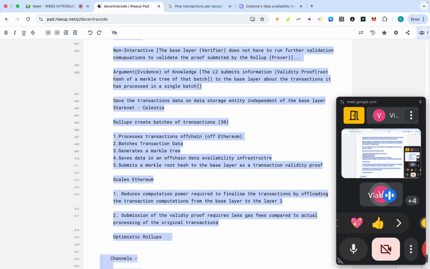constitutes a particular amount of gas fees for it to be executed on Ethereum. Now, imagine instead of delivering an entire smart contract, or maybe delivering an invocation of a particular function in a smart contract, and then just delivering data, a single piece of data, which is a validity proof in this case, which one would require more computation?